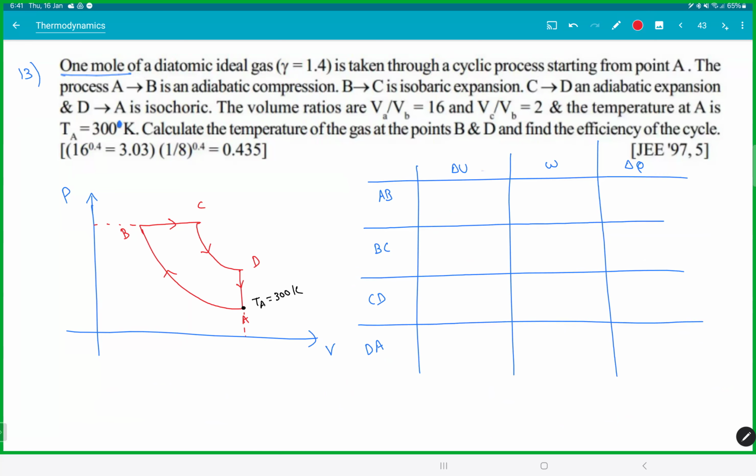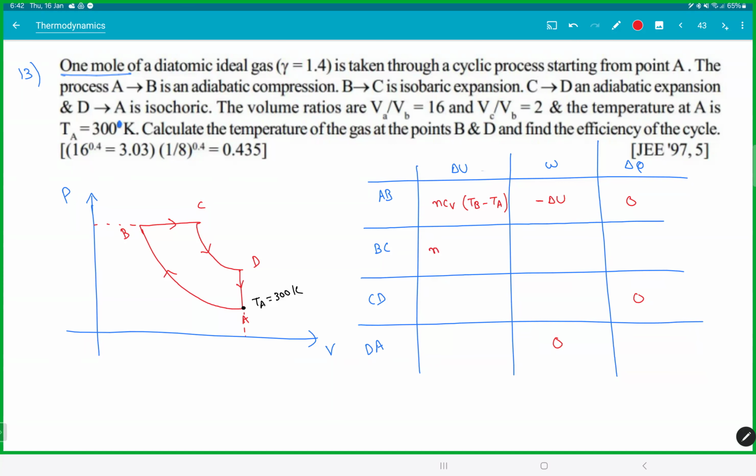Now, if you see BA and CD, these are 0. AD work done is 0. So A to B, delta U will be nCV delta T. It's a diatomic gas, so I can figure that out. nCV TB minus TA. So delta Q now will be minus of delta U, isn't it? There's no need to actually separately calculate. You can finish off with that.